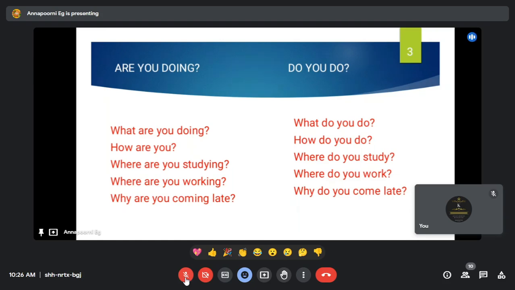What is Kamini doing right now? She is attending the communicative English class. What is Akilan doing right now? He is now learning English. So that is what what are you doing means. If you go and ask someone what are you doing, he will tell you I am eating, or I am cooking, or I am going to sleep.